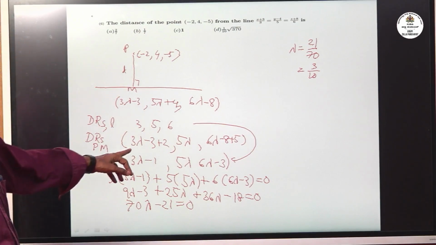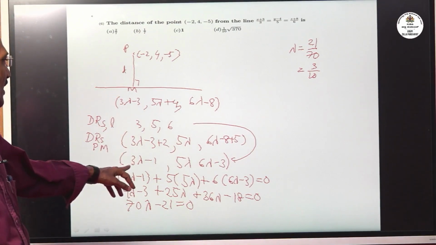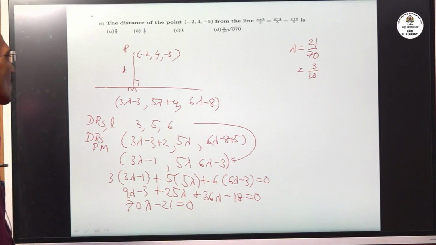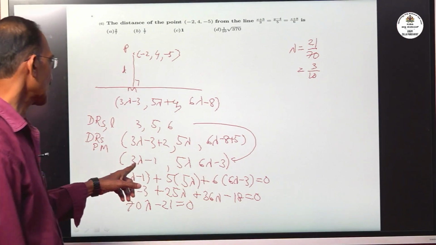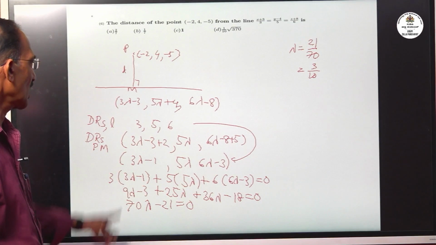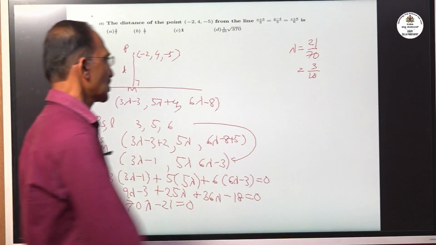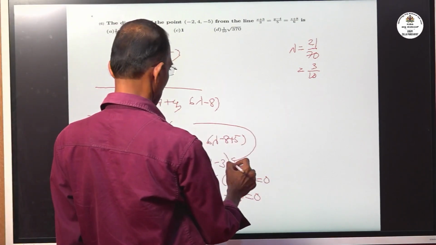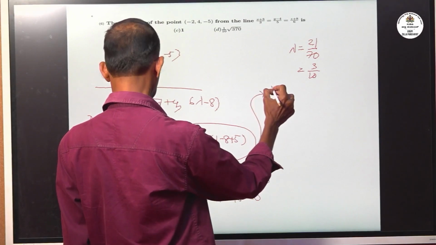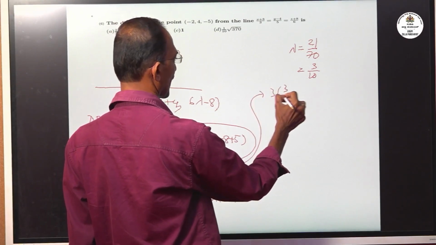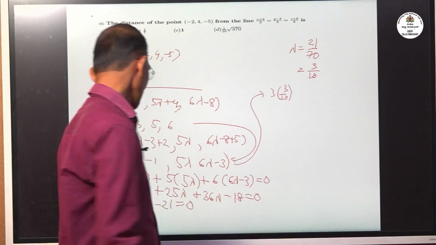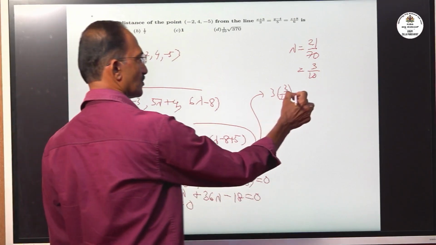So you just substitute in the DRs of PM, that you are getting direction ratios of perpendicular PM, that is 3 lambda minus 1. So using this, that is 3 into 3 by 10 minus 1.